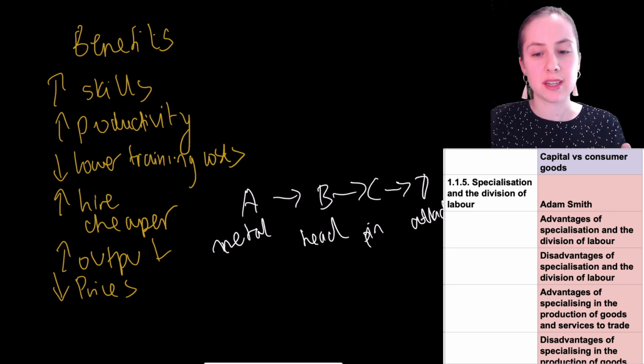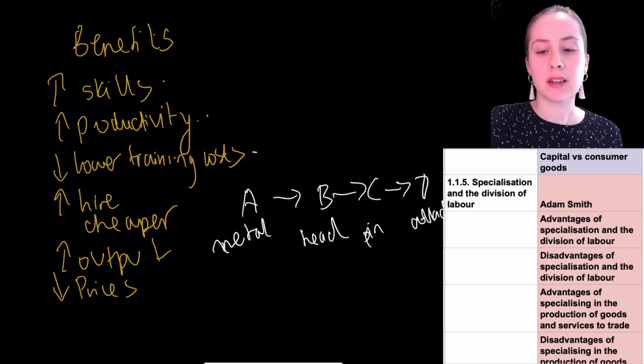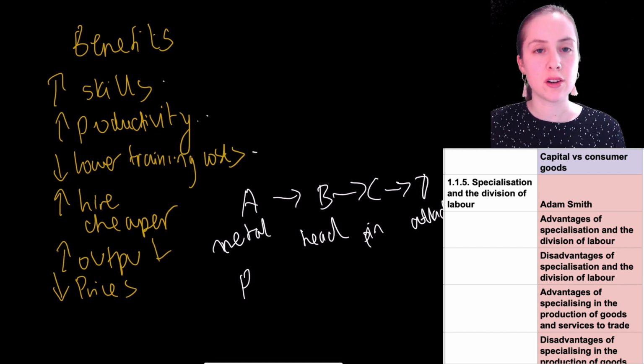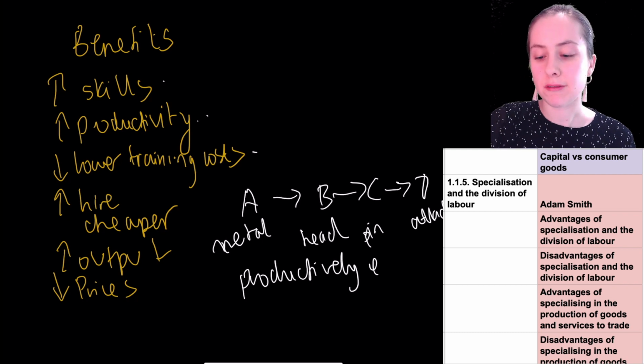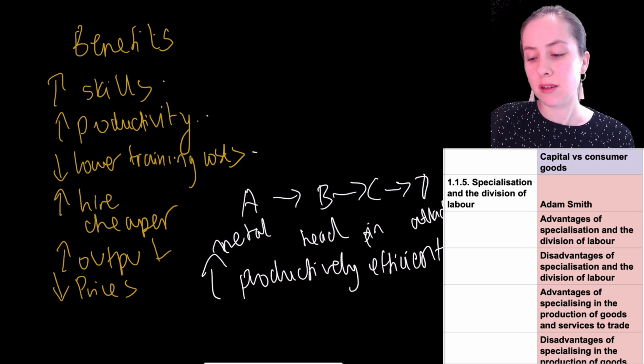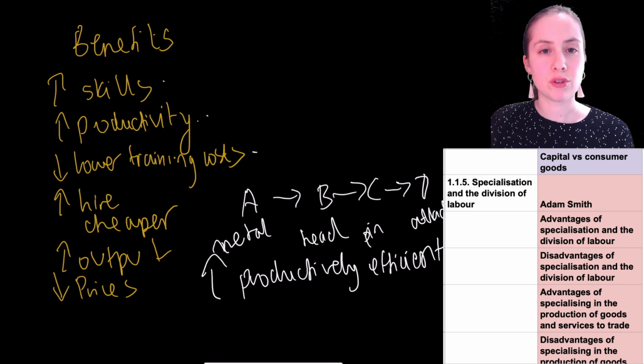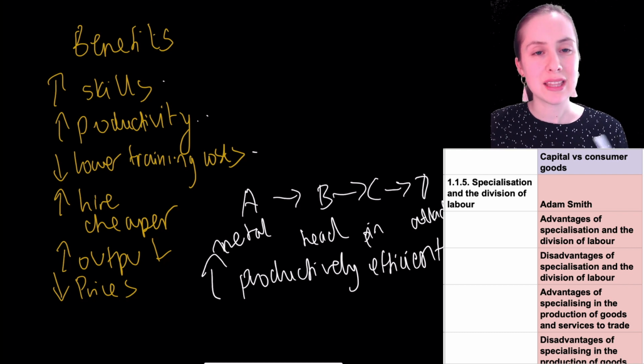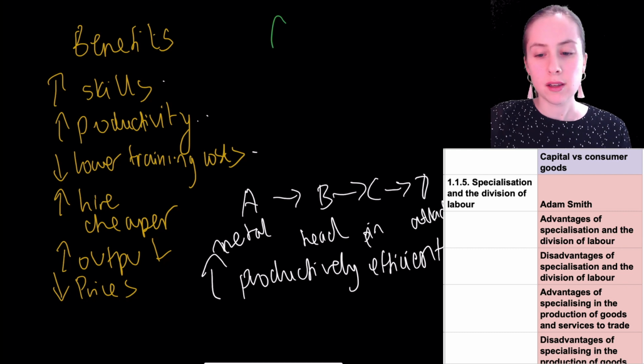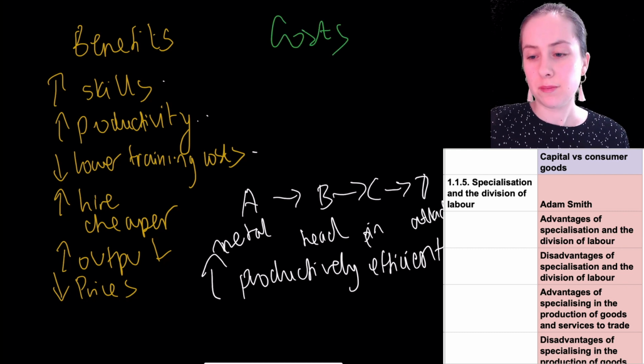If there is a production process and everyone is specialized and everyone is gaining higher skills, higher productivity, lower training costs, you have a tremendously productively efficient operation with a collection of extremely high skilled workers that can produce thousands more nails than they would individually be able to produce. This comes with some serious disadvantages though.